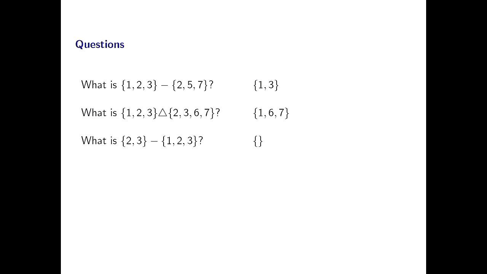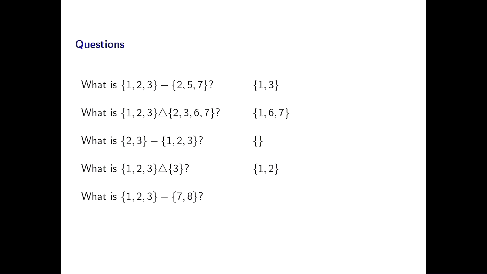That's our friend the empty set, because 2 and 3, but then I throw away everything that's in here. That includes 2 and 3, so nothing left. How about this? Just the set containing 1 and 2, because 3 doesn't get in because it's in both, right? Make sense to everyone?